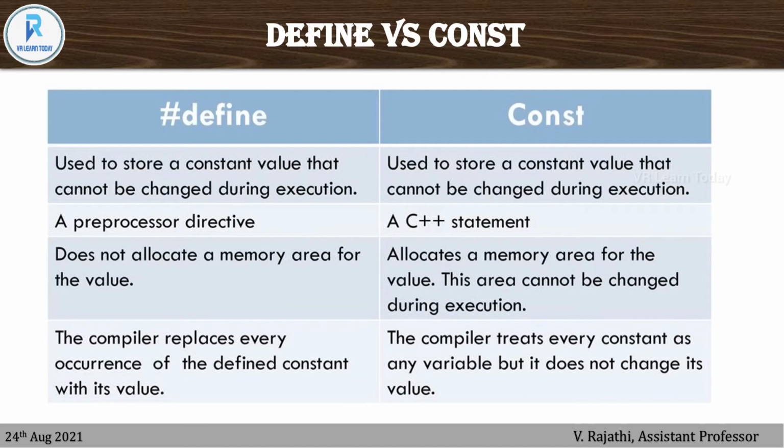But if you are using const, it allocates a memory area for the value. This area cannot be changed during the execution. The compiler replaces every occurrence of the defined constant with its value. The compiler treats every const as any variable, but it does not change its value. So this is the main difference between hash define and const.